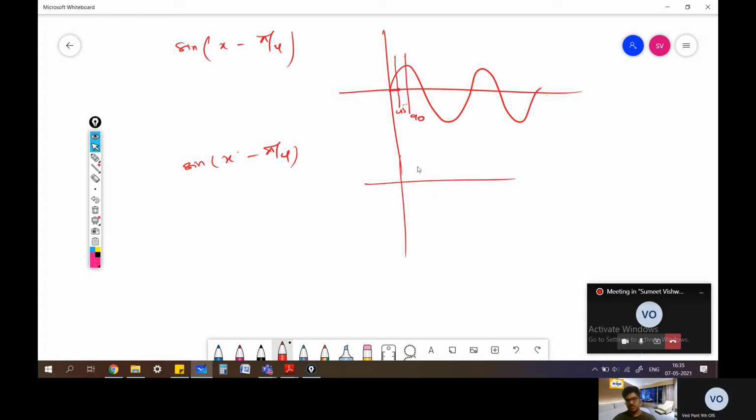That means my function will start from here, because this is 90, this is 180, this is 270, and this is 360. Understood?